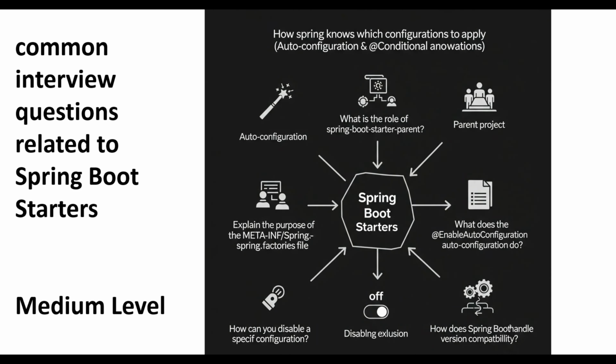You have to explain the purpose of the spring.factories file, why it is used and in what context. There is an @EnableAutoConfiguration annotation, how it is related, how it is commonly found. How can you disable a configuration? How can you handle specific version-related compatibility with the help of the libraries you have included? Okay, so these are the mid-level questions which are asked.